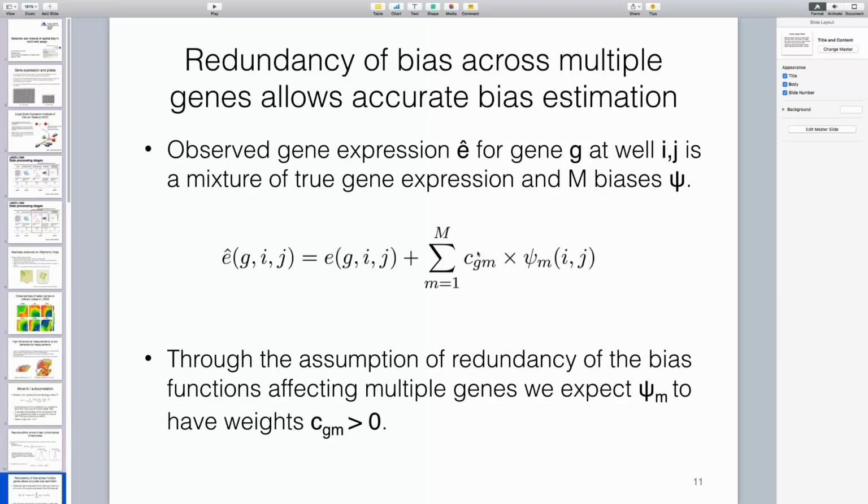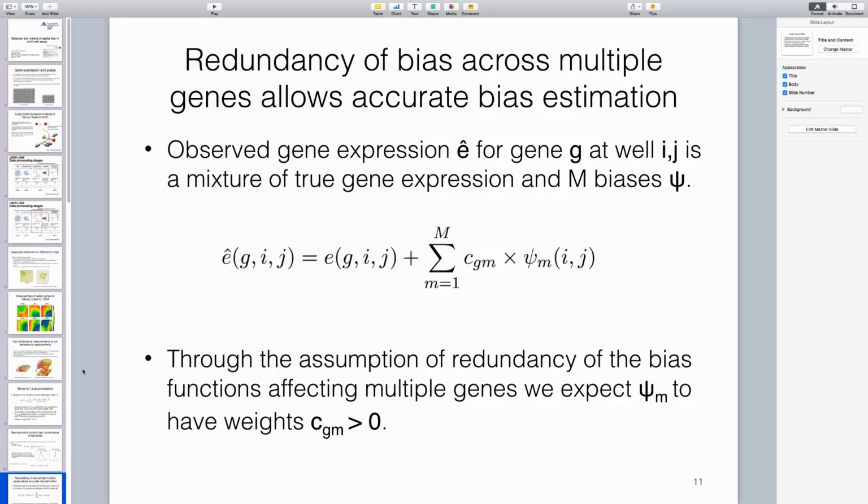It's just weighted for every gene separately. So these functions should be redundant for all the genes. We can assume that C is usually positive, so it's never really zero. The absolute value can also obviously be a negative weight.